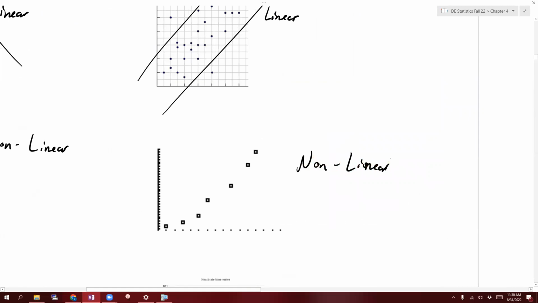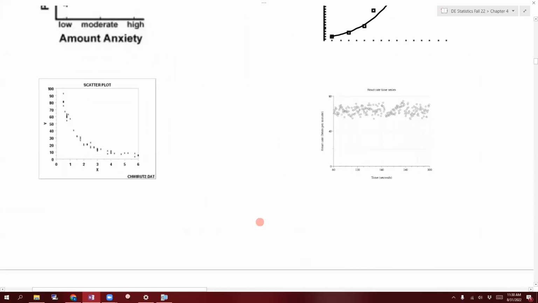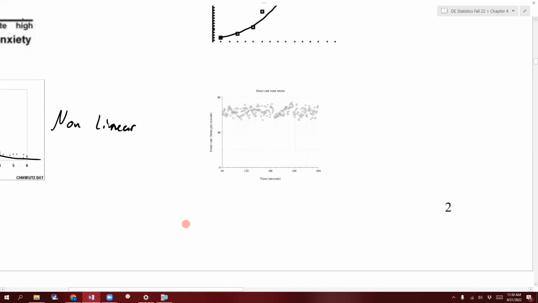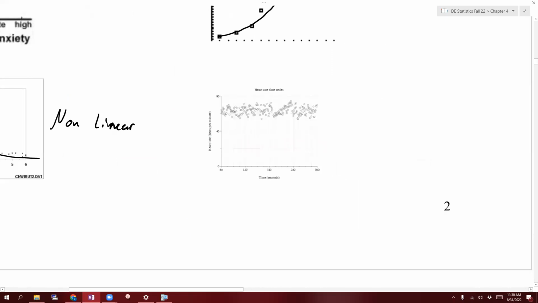Now, this one's a little bit trickier. It looks like it could almost be linear, but it is going to follow an exponential model. So that is not a linear regression either. And same thing here, another exponential curve.